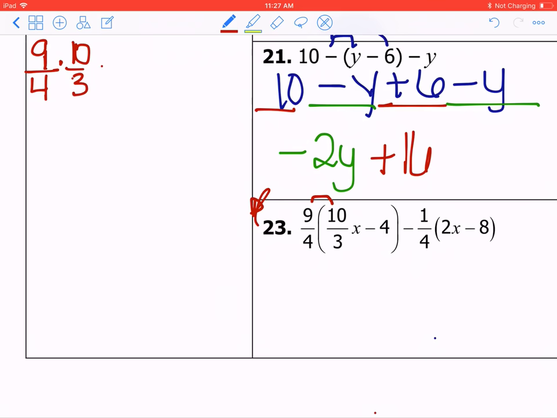All right, so 9/4 times 10/3. We're going to cross cancel. So 3 goes into itself once, and it goes into the 9 3 times. 4 can be divided by 2, which is 2, and 10 can be divided by 2, which is 5. Go across, you'll get 15 over 2.